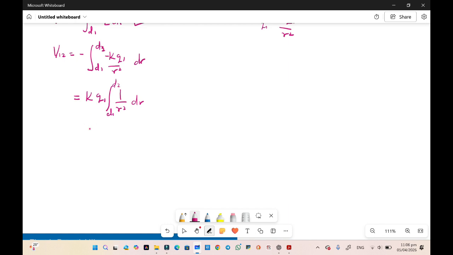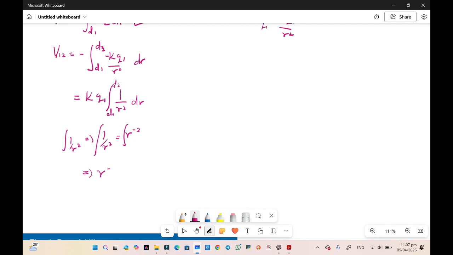So, the integral of 1 over R squared. First, let's remember that 1 over R squared is equal to R to the power minus 2. So that integral is going to be the integral of R to the power minus 2. When we take the integral of that, what happens to the R?